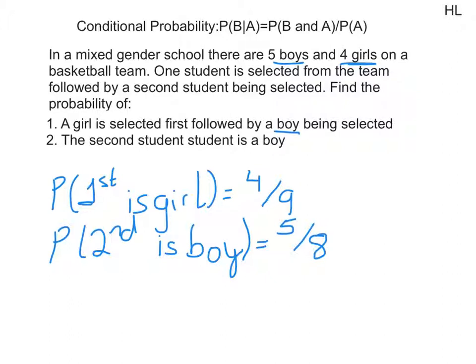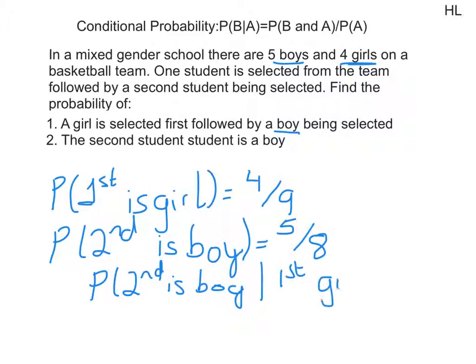Really, this second probability should be the probability that the second is a boy, given that the first was a girl. Which is our conditional probability.